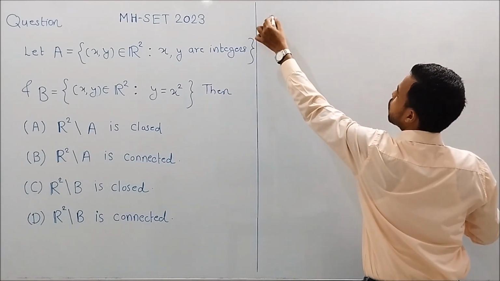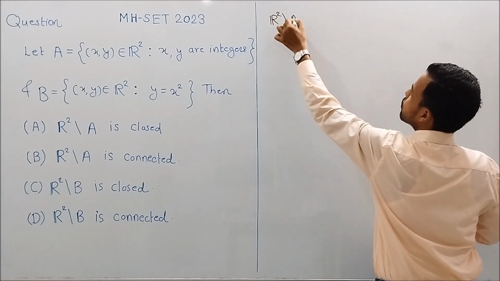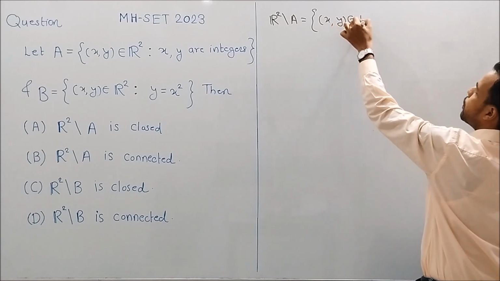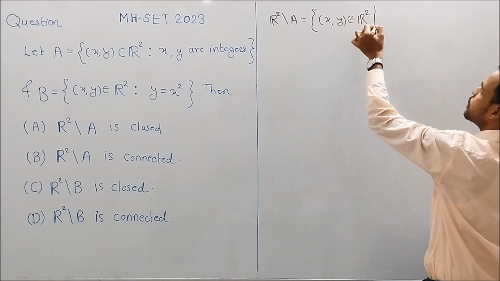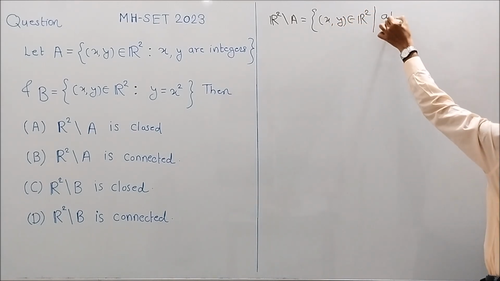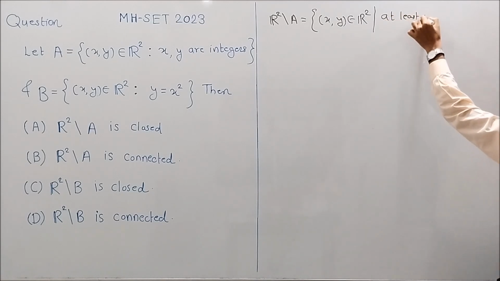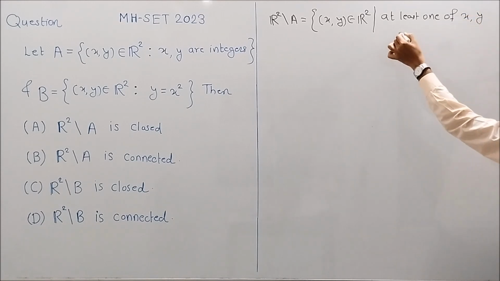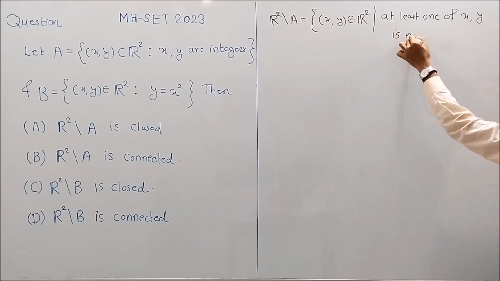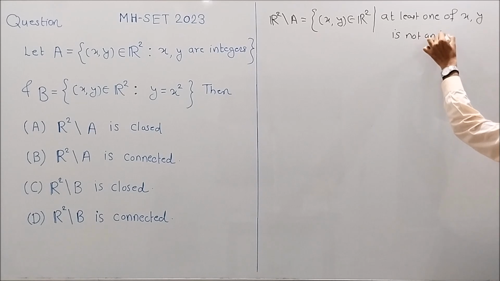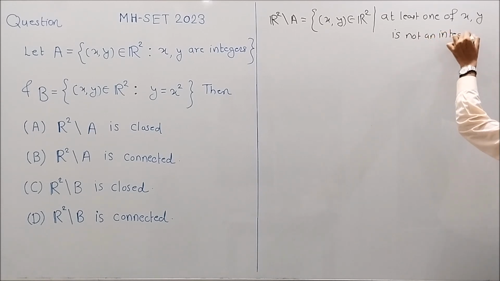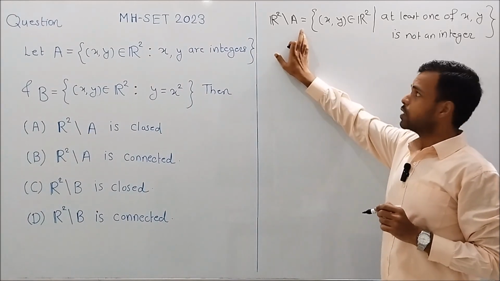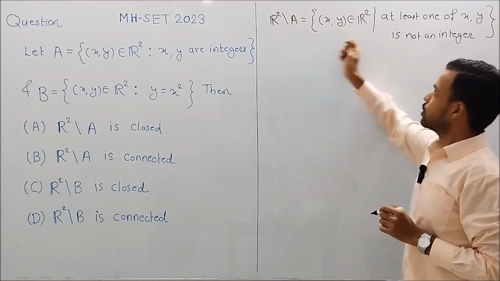That is, the complement of A in R2 is the set of ordered pairs (x, y) belonging to R2 such that at least one of x and y is not an integer. Okay. So this is R2 minus A, that is the complement of A in R2.